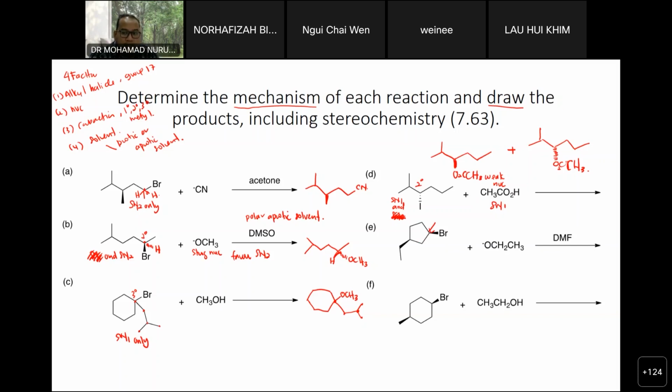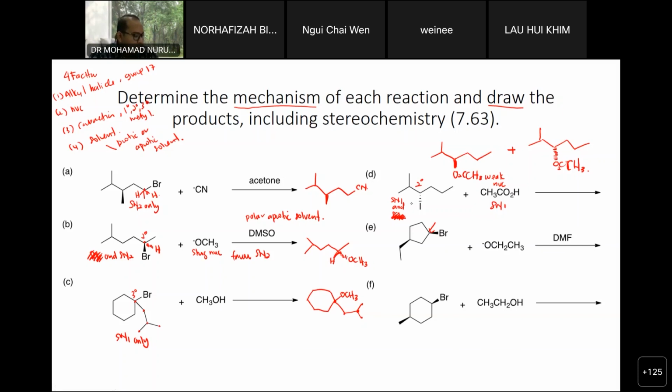Just write a plus, which means both compounds are formed in this reaction as a mixture in a 1-to-1 ratio. So for this one, we discuss the last one, and after that we move to the next questions.